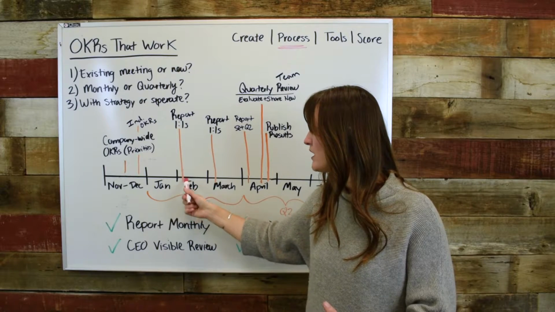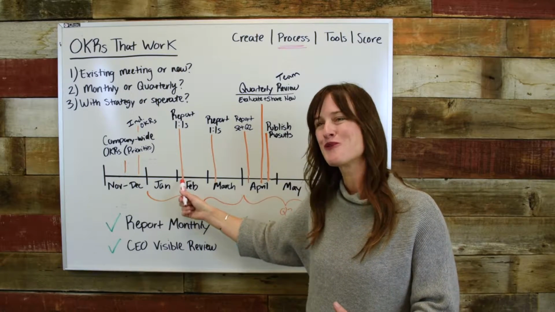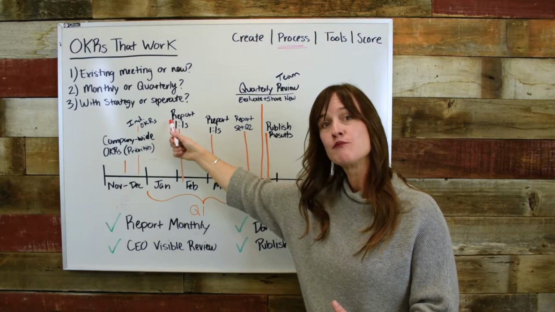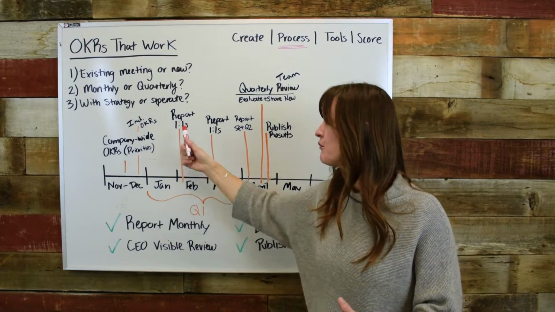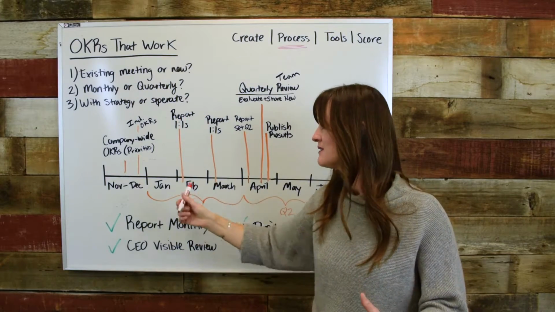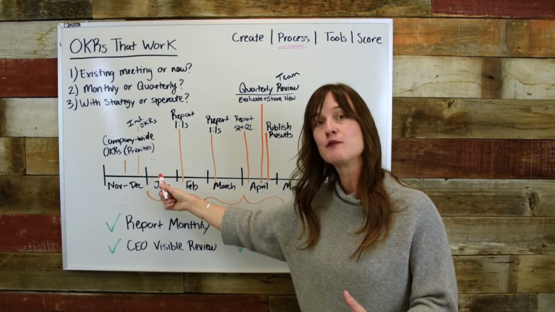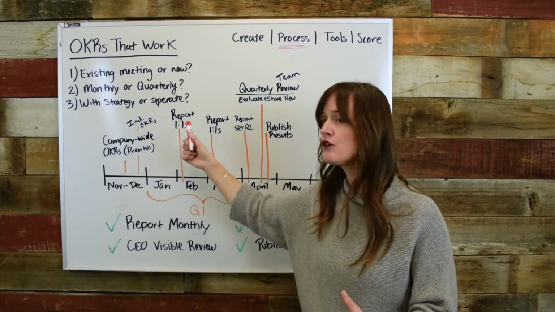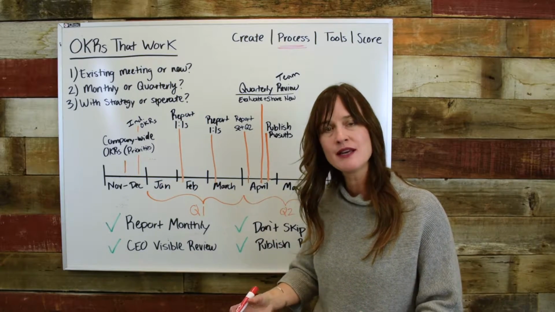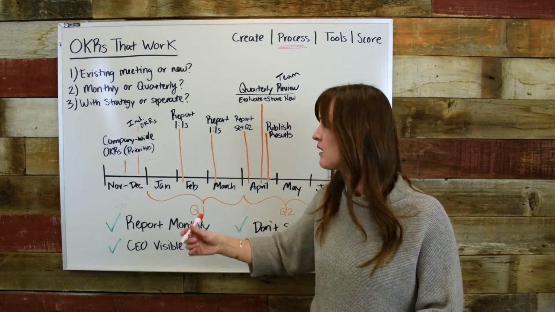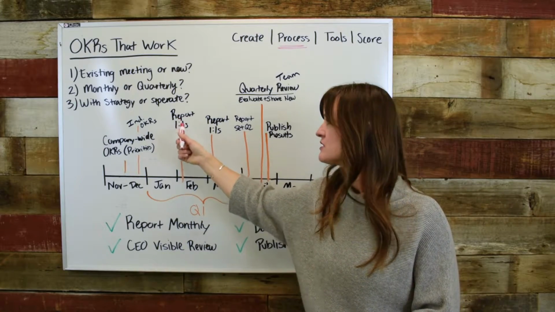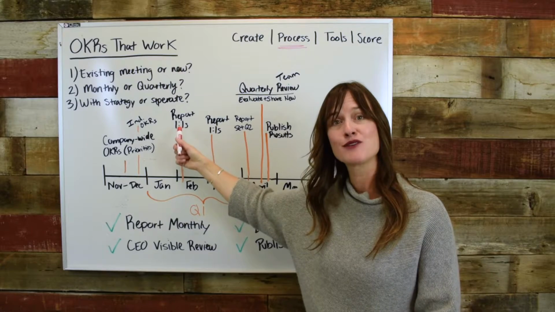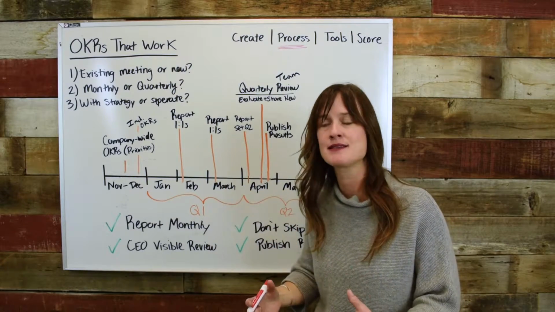In the first week of February, or the week after the month, everybody needs to report on the performance against their KRs in the previous month. That needs to occur in a tool, and it needs to be reviewed and talked about in some fashion. Let's just say in a one-on-one. That's a pretty standard approach and pretty streamlined and nice.